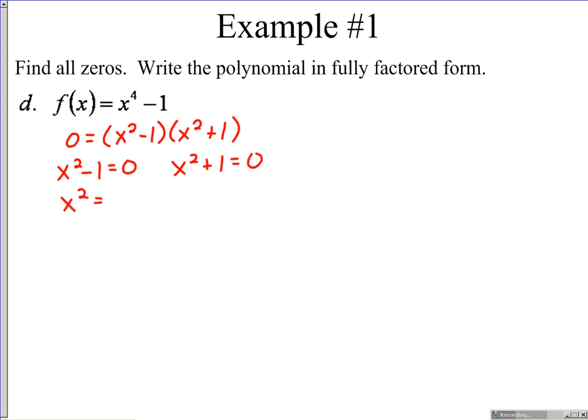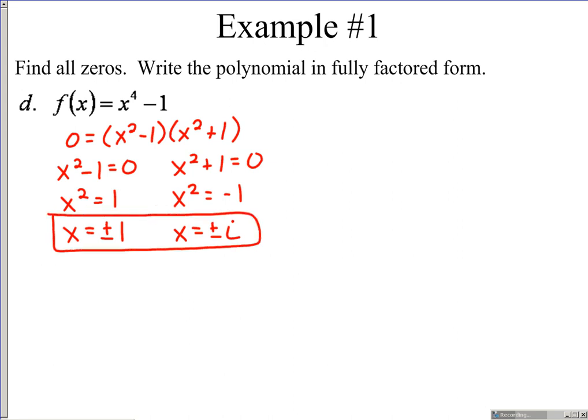We get x squared equals 1, so plus or minus 1. We get x squared equals negative 1, so plus or minus i. There are our 4 solutions. Fully factored form, this polynomial would be x plus 1 times x minus 1 times x plus i times x minus i.